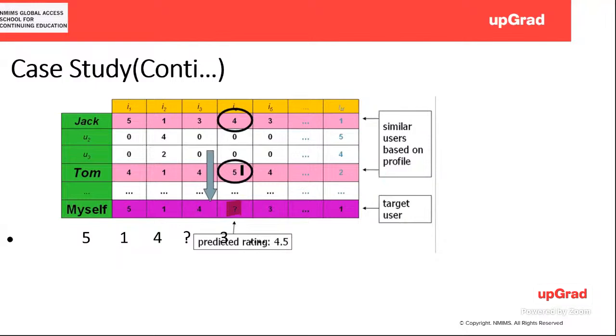So we can assign this movie the average rating of 4.5, right? And we can use this collaborative filtering to recommend that I4 movie to this user. Who is this user? Me. So this is the target user, and these are the similar users, right? This is how they try to recommend things.